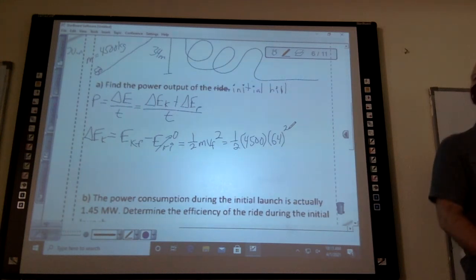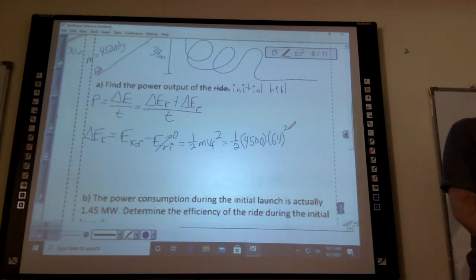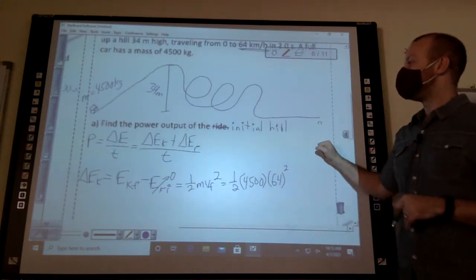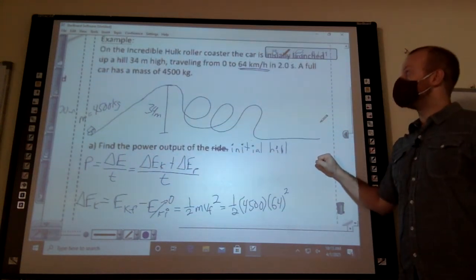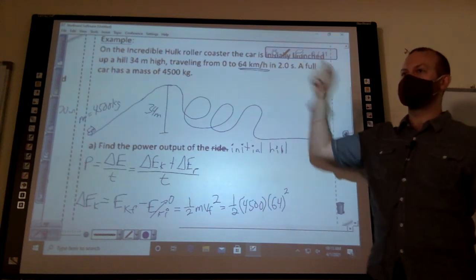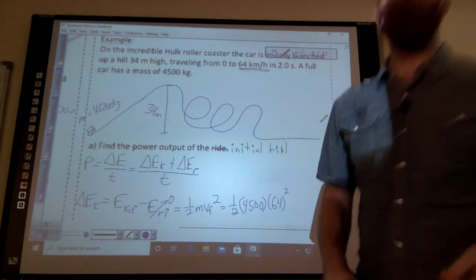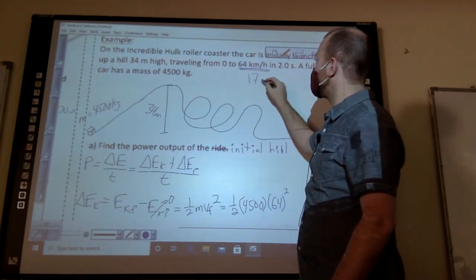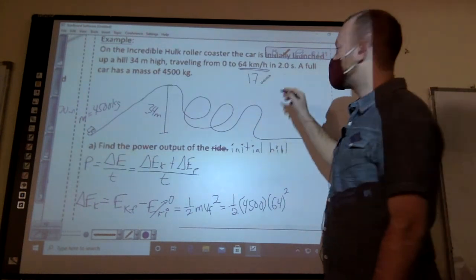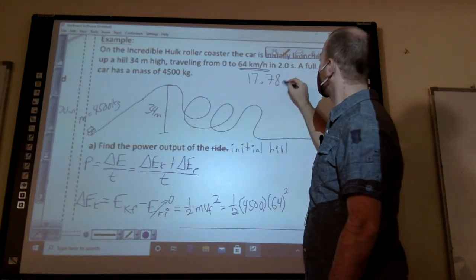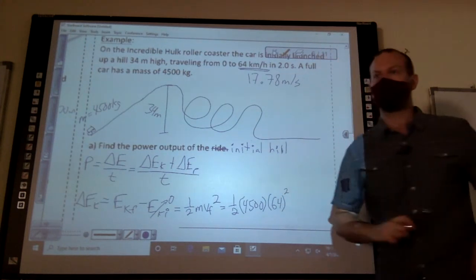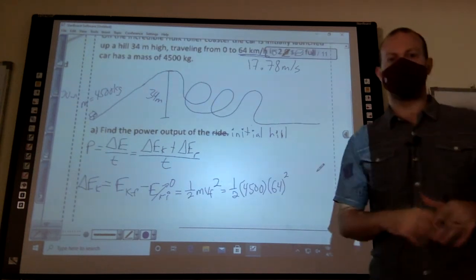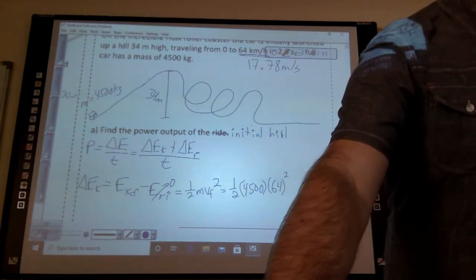You seen what's wrong? So, kilometers per hour. So, converting this into meters per second, we get 17.78. So maybe it's worth paying attention while I'm in the middle of teaching. It's not as easy as you said it was.